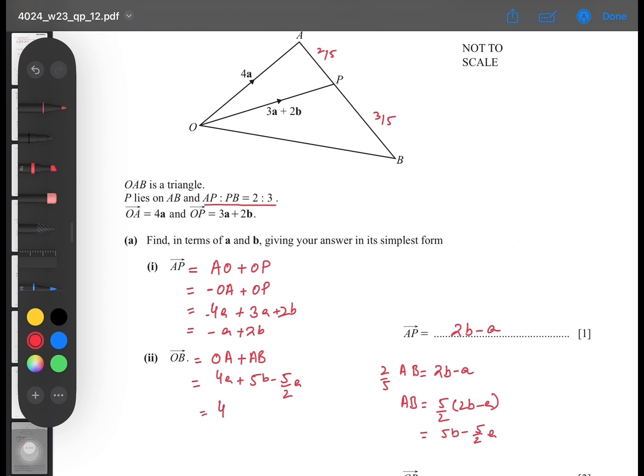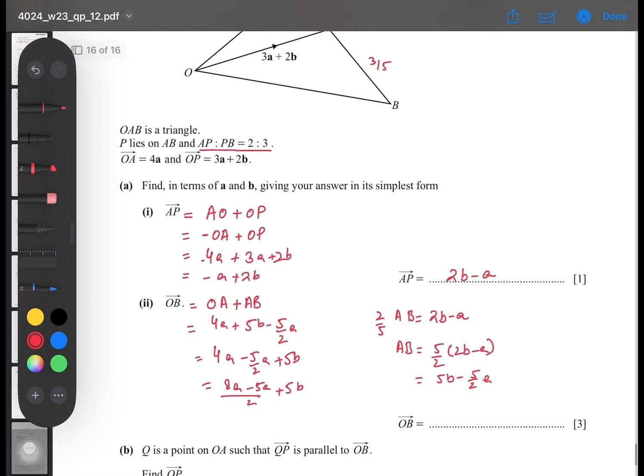So 4A minus 5 over 2A plus 5B. This will be 8A minus 5A over 2 plus 5B. So it's equal to 3A over 2 plus 5B. So this is 3 over 2A plus 5B.